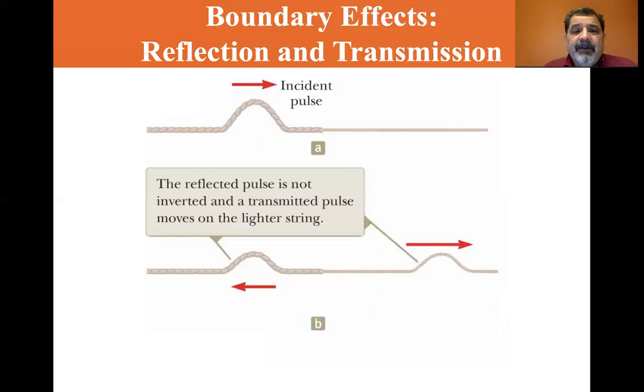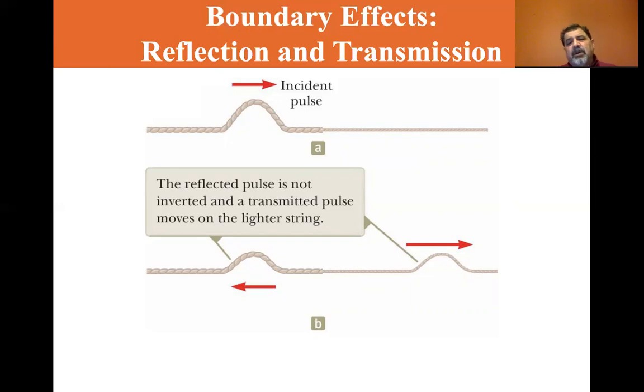Okay, now if you're going from a high density to a low density, a heavy string to a light string, you have an incident pulse. The reflected pulse is not inverted, and the transmitted pulse moves on in the lighter string.